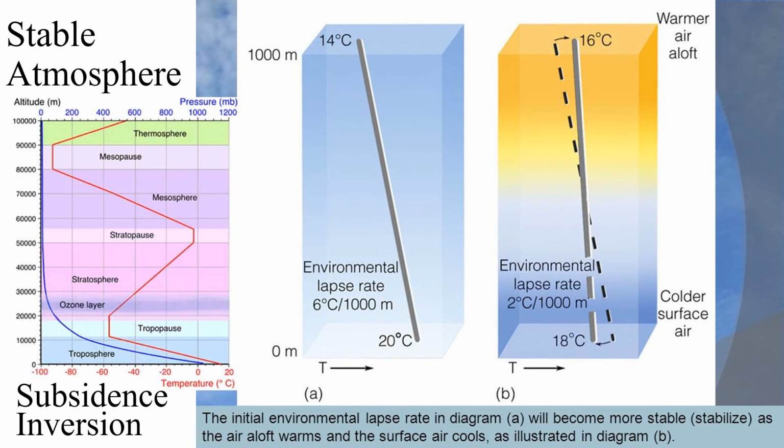Why is that? Within the inversion, warm air overlies cold air, and if air rises into the inversion, it becomes colder while the air around it is getting warmer.